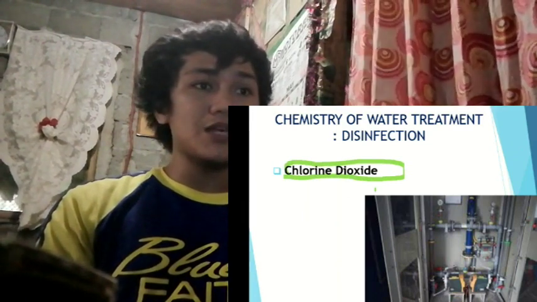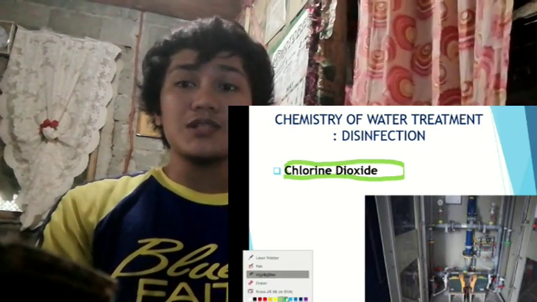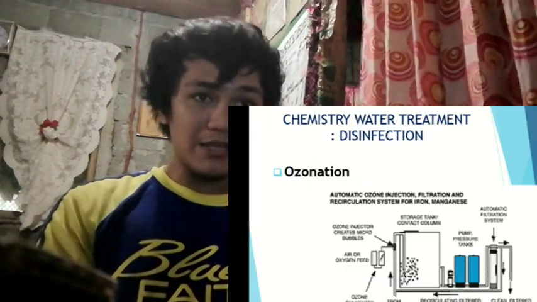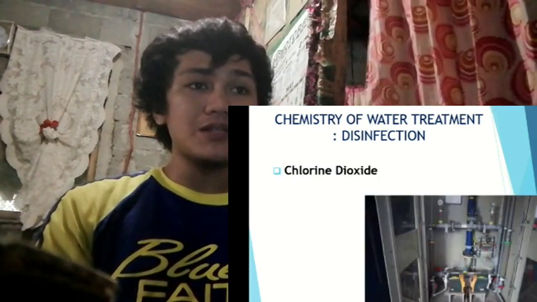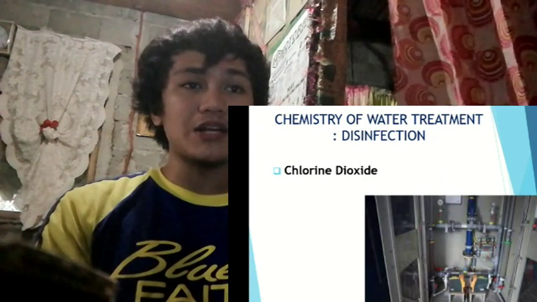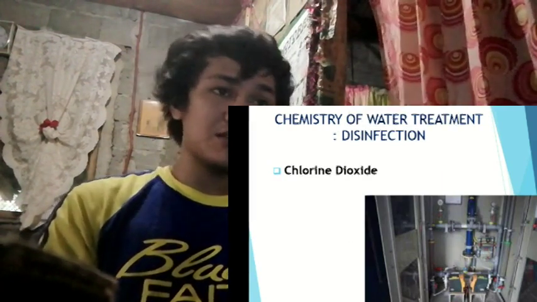Chlorine dioxide does not maintain a residual long enough to be useful as a distribution system disinfectant. Thus, the advantage of chlorine dioxide over chlorine is that chlorine dioxide does not react with precursors to form DBPs.